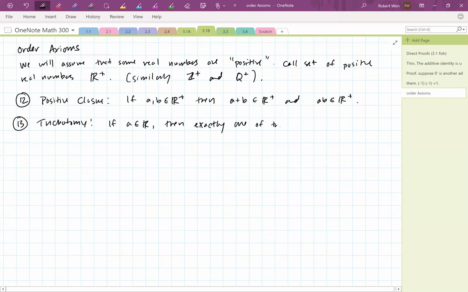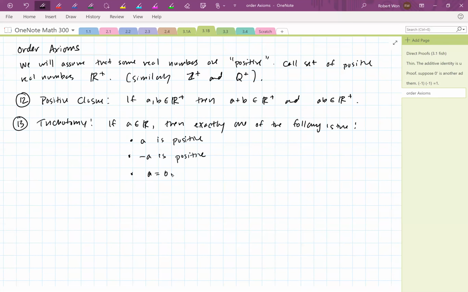Either A is positive, in other words, A is in R plus, or negative A is positive, its additive inverse is positive, or A equals 0. This says that 0 is not positive, right? Because exactly one of these situations happens. If A is 0, we just call it 0. Otherwise, we know that either A is positive or its additive inverse is positive.